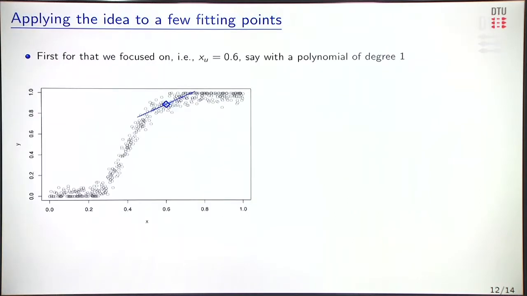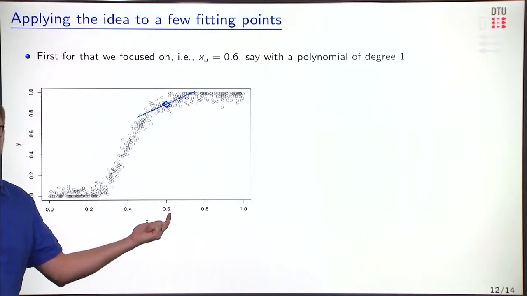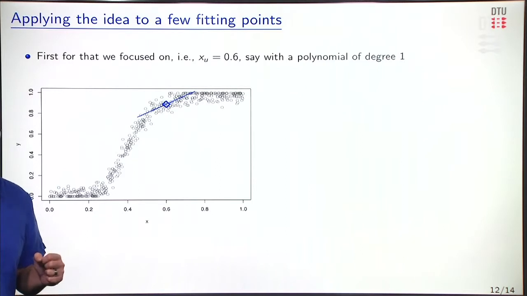Let's apply it to our case and to a few fitting points. So first, let's look again at this fitting point at x equal 0.6. And let's say we're going to consider a polynomial of degree 1. So it's like fitting a line. It's like using linear regression. But now it's in the neighborhood of this fitting point at 0.6.